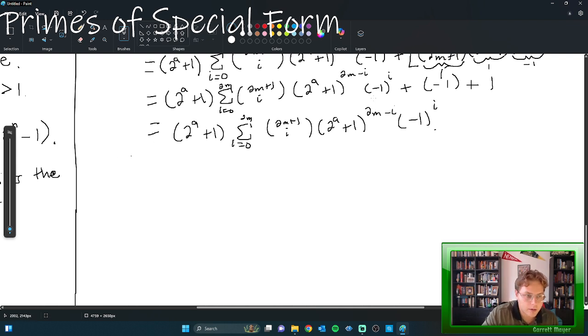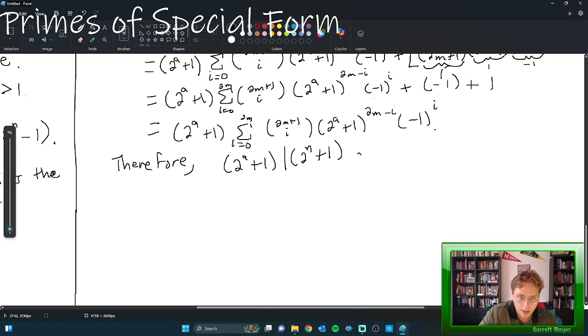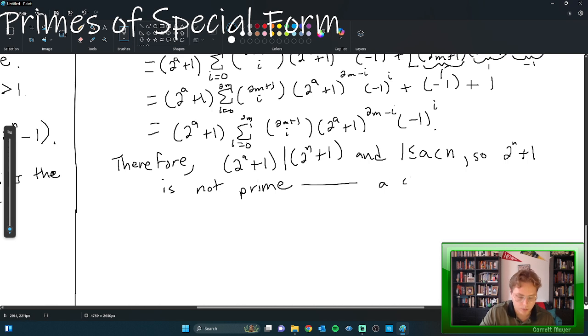So let's just write this out. And 1 is less than or equal to a is less than n. So 2 to the n plus 1 is not prime. A contradiction.